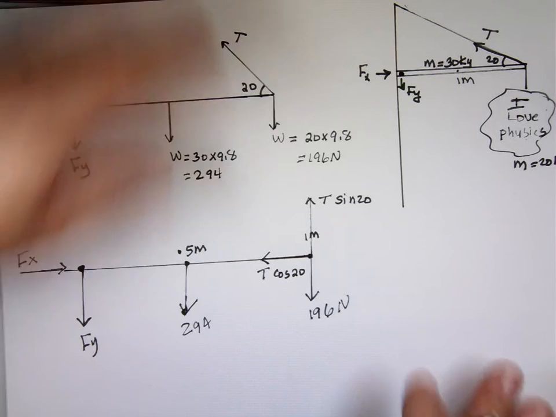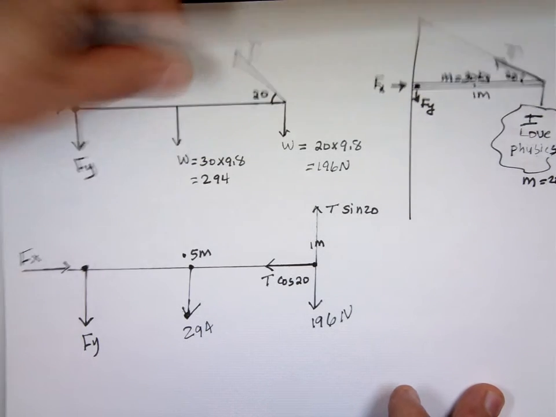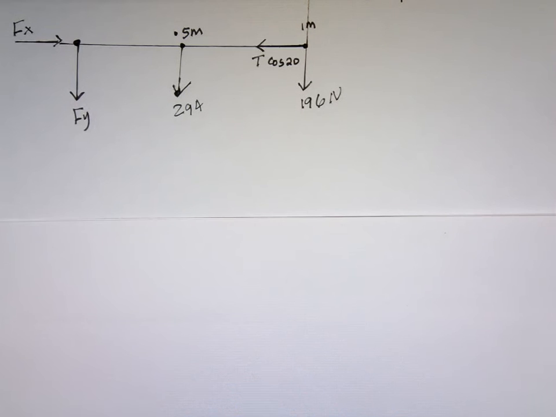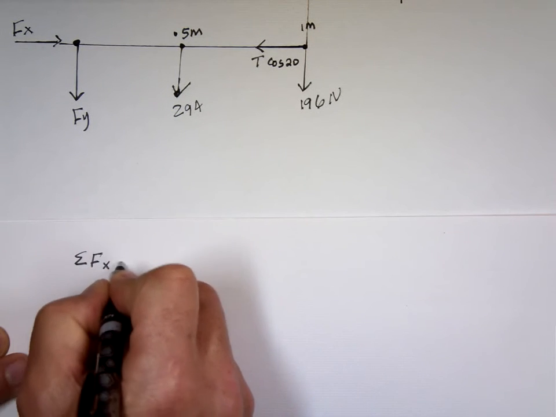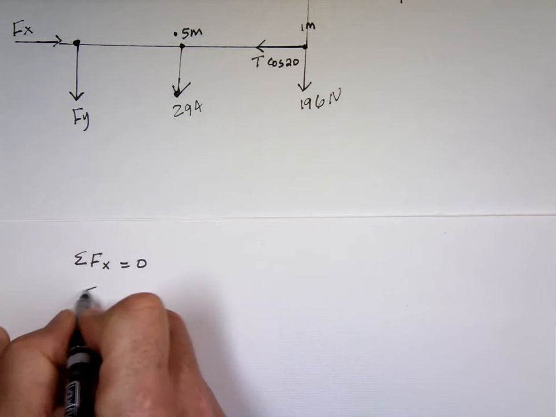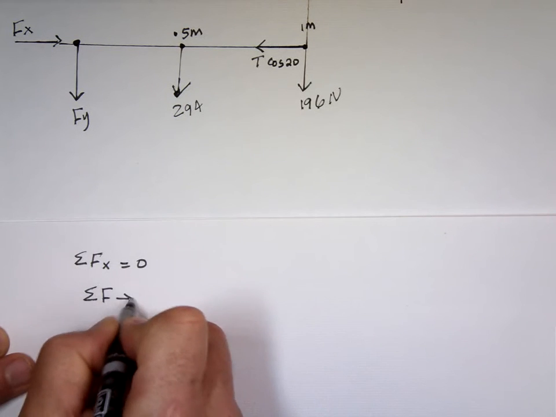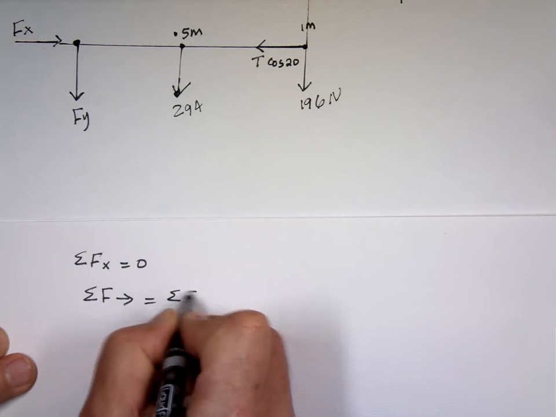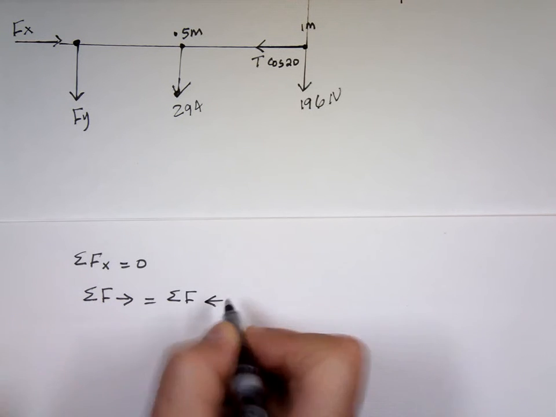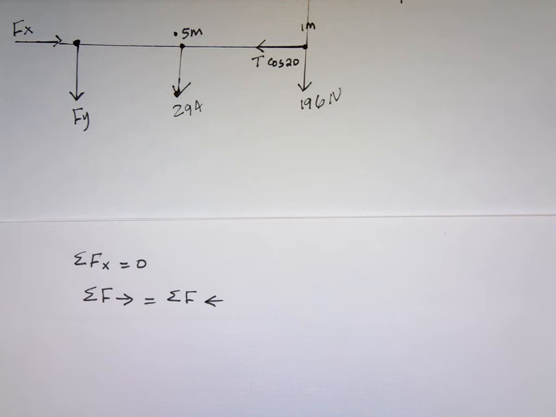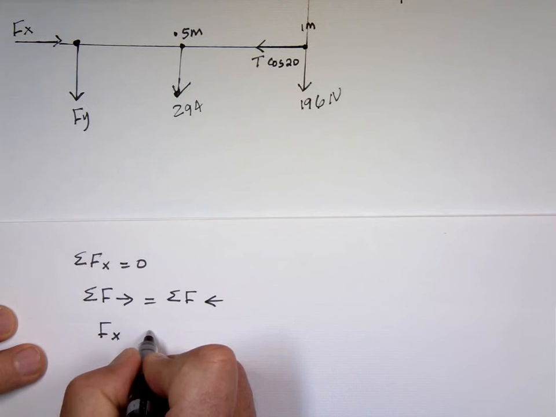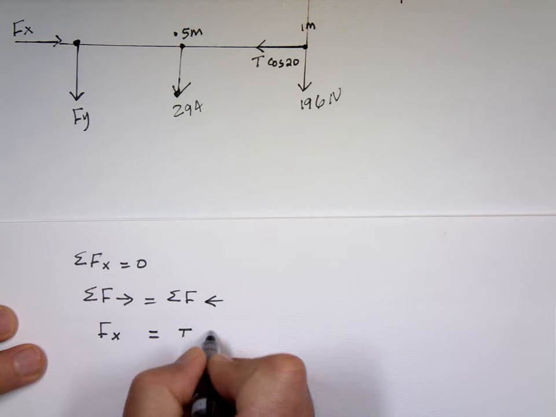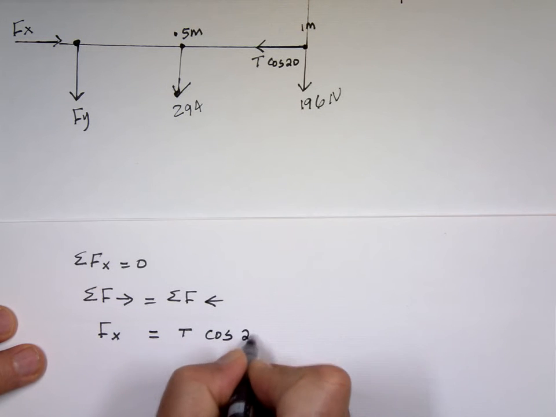And if we have static equilibrium, we have three things. Sum of the forces in the x direction, the net force in the x direction is 0, which means if you take the forces pointing to the right, they should equal all the forces pointing to the left. What do we have pointing to the right? F of x. What do we have pointing to the left? T cosine 20. One equation, two unknowns.